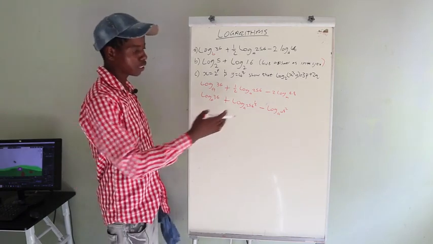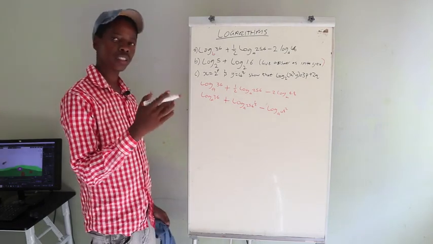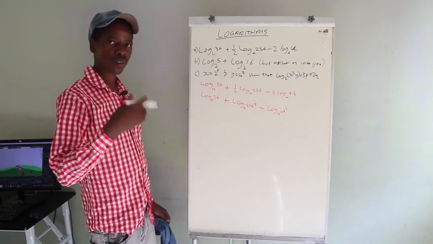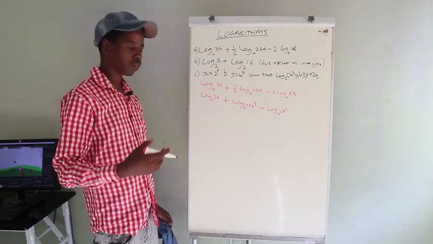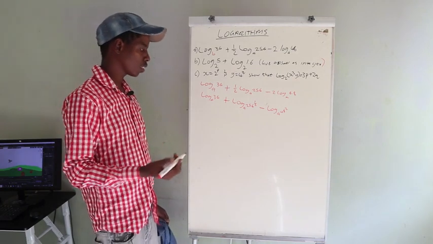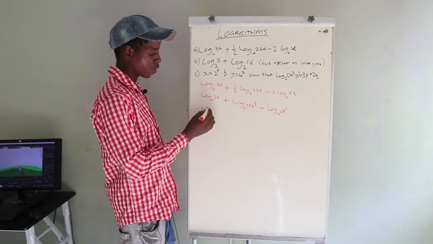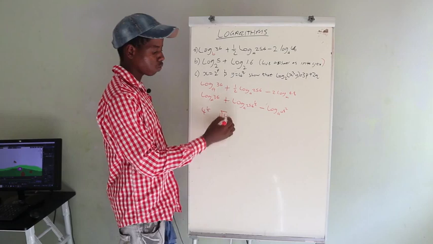Now, from the indices, we know that anything to the power half is the square root. Anything to the power 1 over 3 is the third root. Anything to the power 1 over 4 is the fourth root, right? So if we have 4 to the power half, this is the same as the square root of 4.